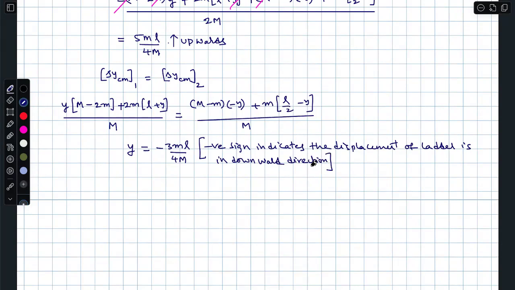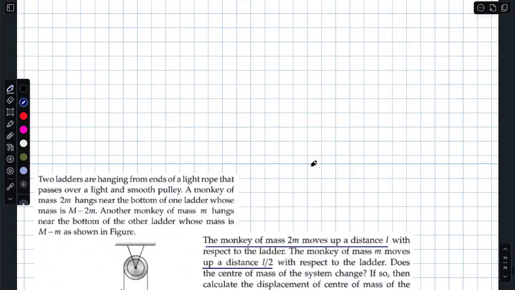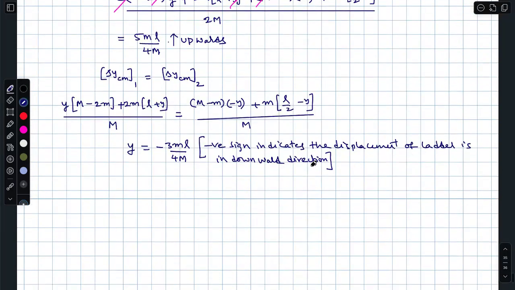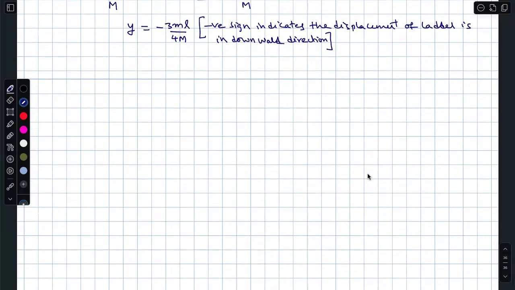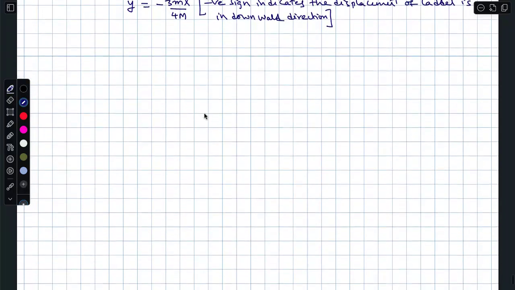Okay, done. Maximum models I have covered, but one ask is there which you already know, that I just want to cover. Imagine a smooth horizontal floor.